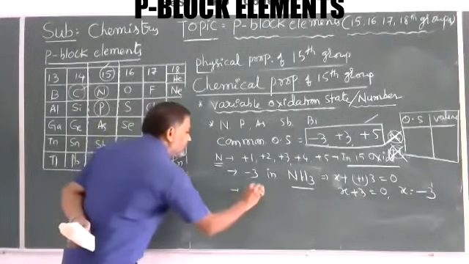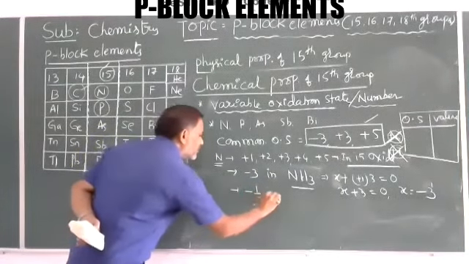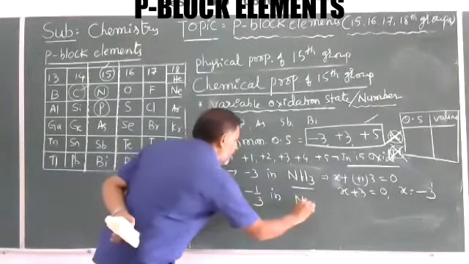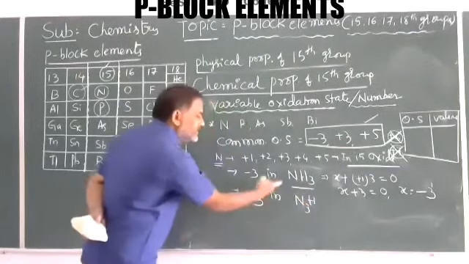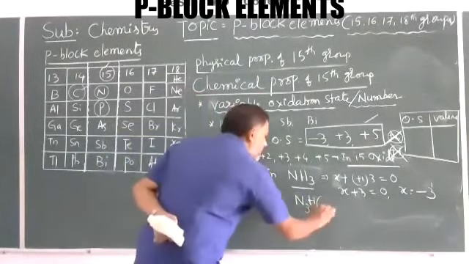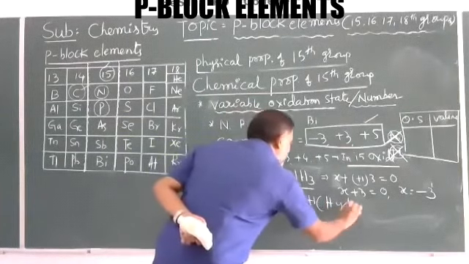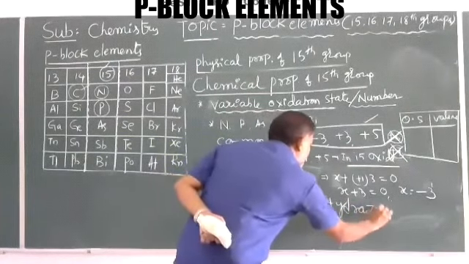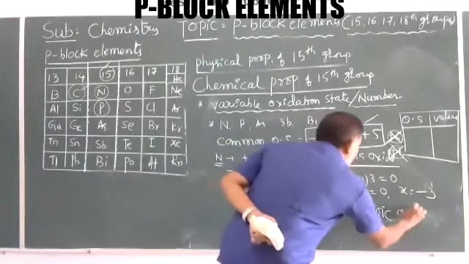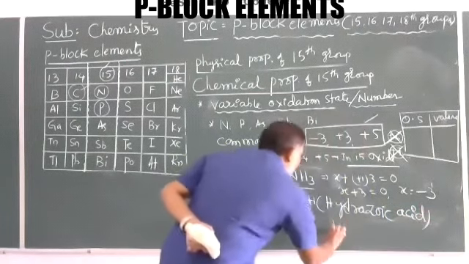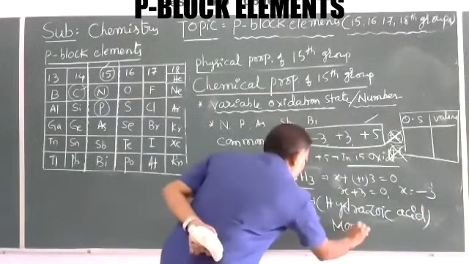And -3 also shows in N3H. This is called hydrazoic acid. This hydrazoic acid is a monobasic acid.